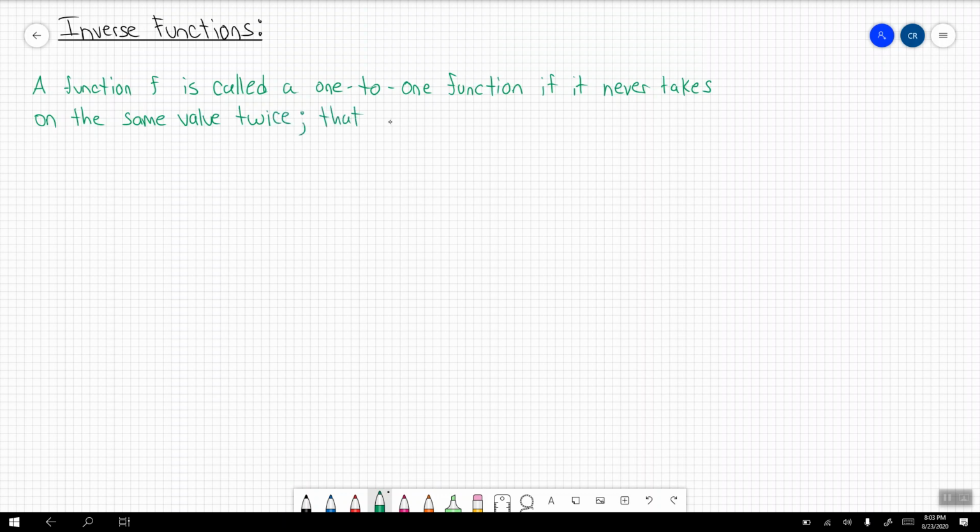That is, the output of the function could never be equal to another output of the function whenever x1 is not equal to x2. So this is what we want to highlight at the beginning, dealing with one-to-one functions.